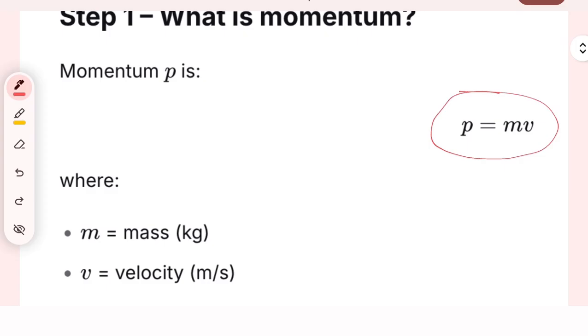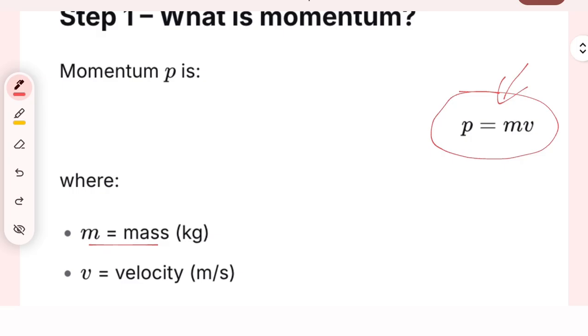The momentum is equal to the mass m times the velocity v. So we now know how to compute the momentum. We simply multiply the mass by the velocity, and that is the momentum. Just memorize p equals m times v.